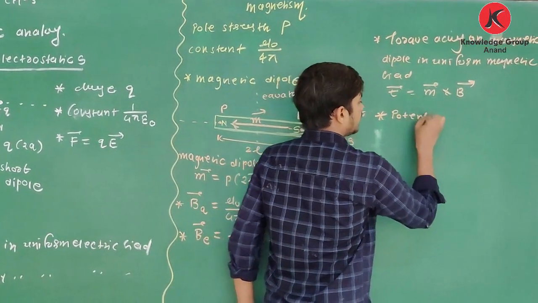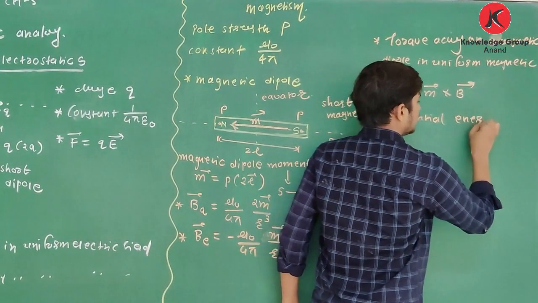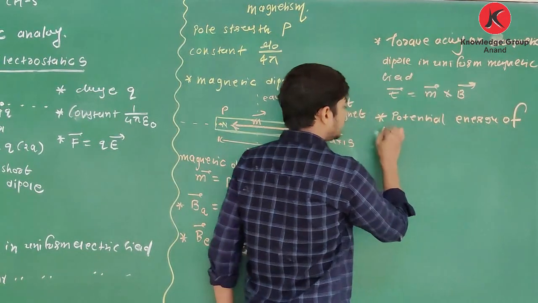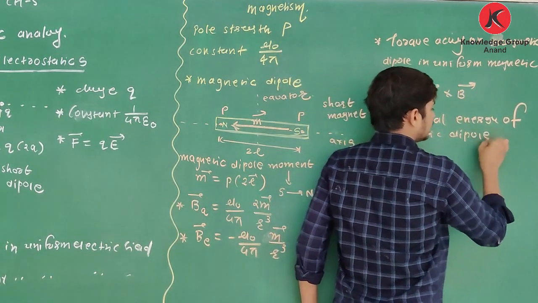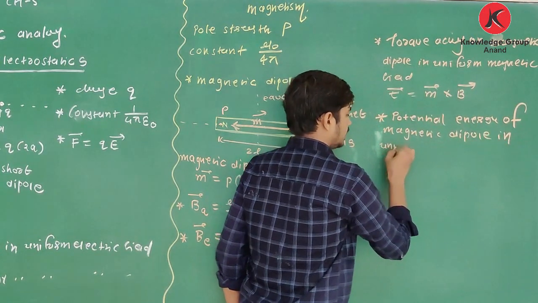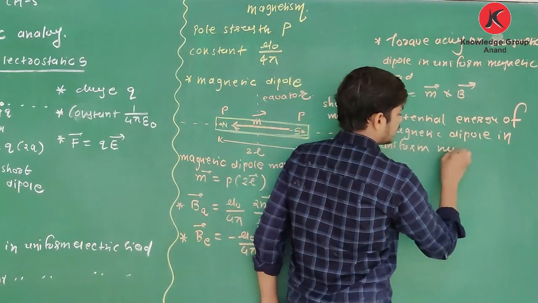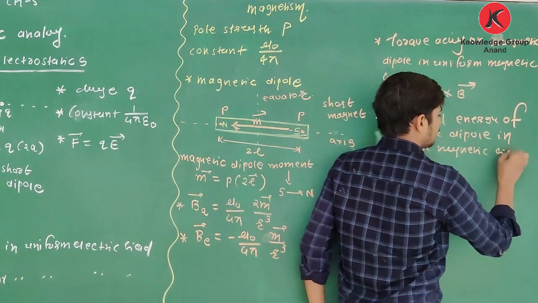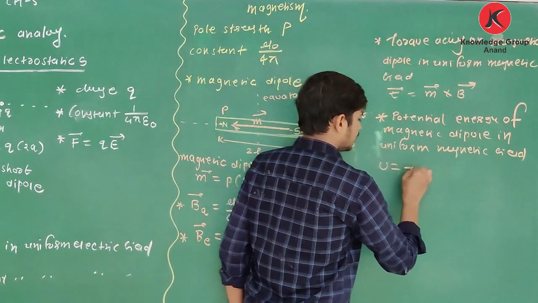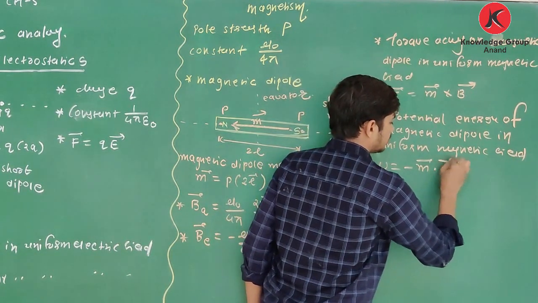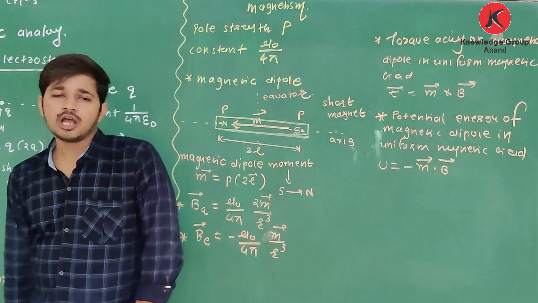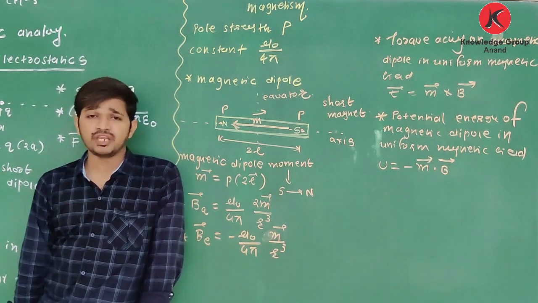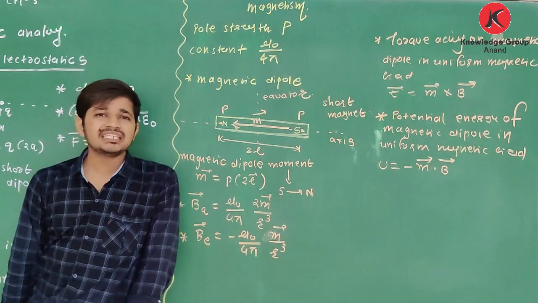Here, the potential energy of a magnetic dipole in a uniform magnetic field is U equals minus M dot B, analogous to U equals minus P dot E. Clear about this? So this is one analogy between electrostatics and magnetism.